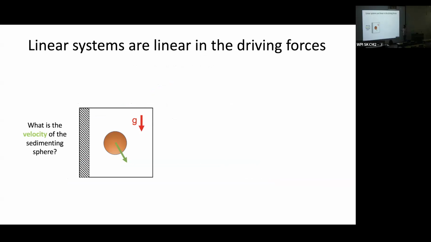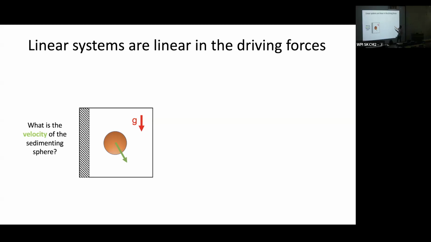So here's a common problem in low Reynolds number fluid mechanics. We have a sphere that's sedimenting near a wall. And we ask, what's the velocity of this sphere? Well, of course, it's going to sediment downwards with gravity, but is it going to move towards the wall or away from the wall? I can show you, without any math, that it will move straight down. How do we do that?